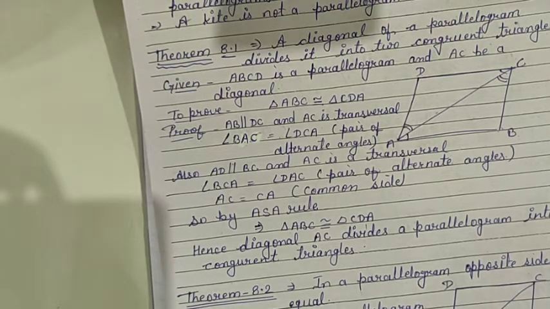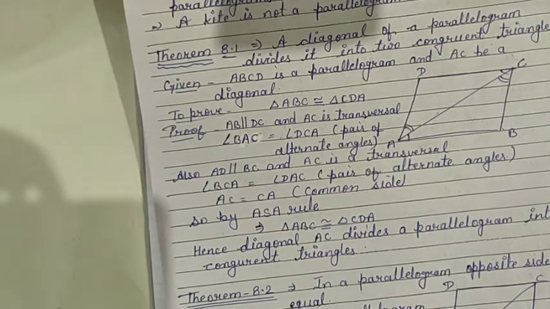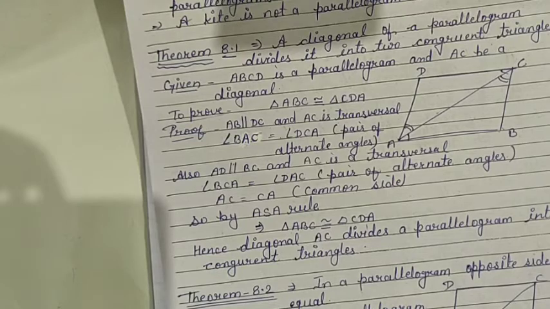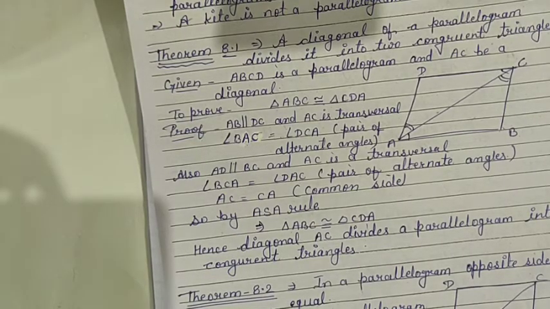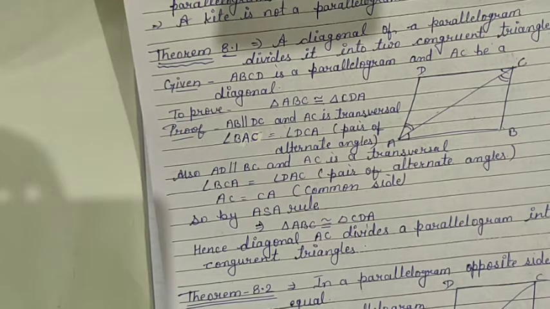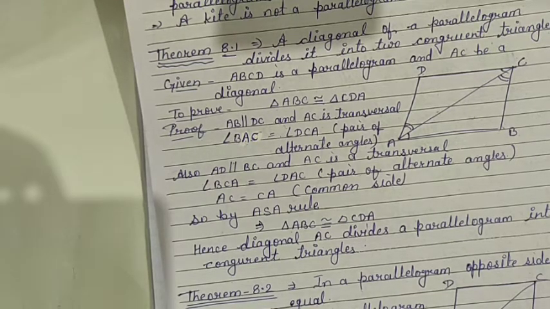And the third criterion is the SSS congruency rule, side side side. If three sides of one triangle are equal to the three sides of another triangle, then the two triangles are congruent. And the last criterion is the RHS congruency rule.